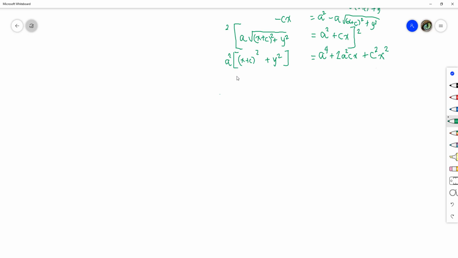So to expand this one, we have a squared times x squared plus 2cx plus c squared plus y squared. Kanina, we forgot, or I forgot to write the c squared. So here, copy what is above.